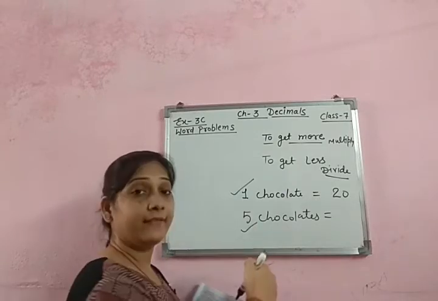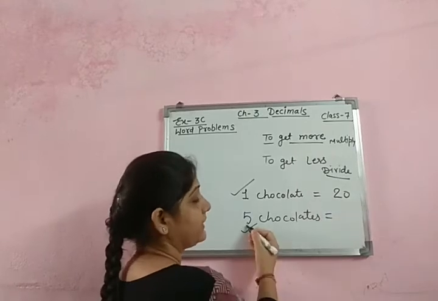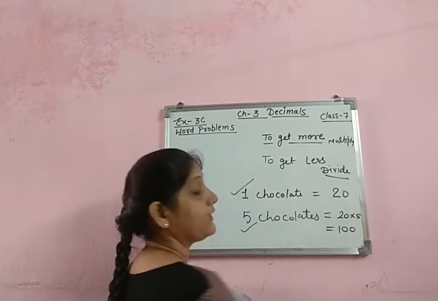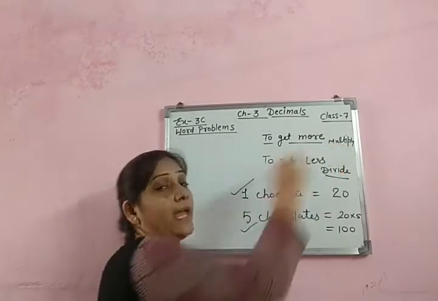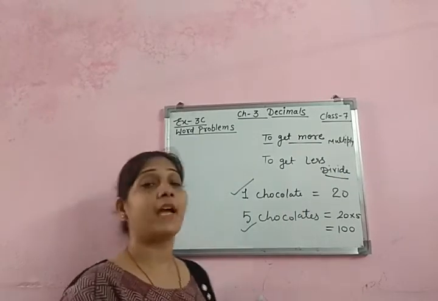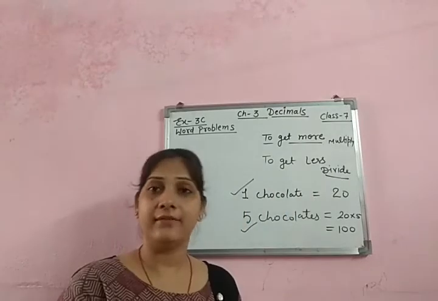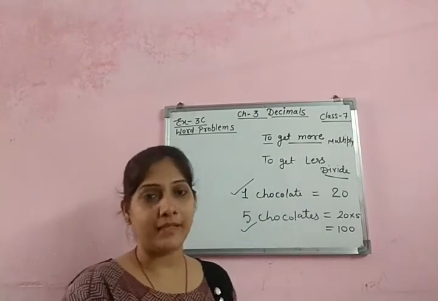So I am finding for more, and if I am finding for more, I have to multiply this 20 by 5. Whenever I want to know about more, I have to multiply. In a similar way, to get less, we have to divide. Later on, I will explain when we will do division. Now, be focused on what case we have to do multiplication.